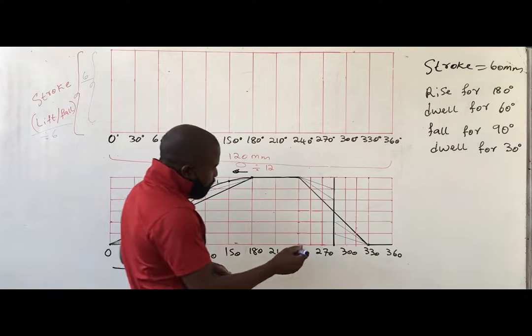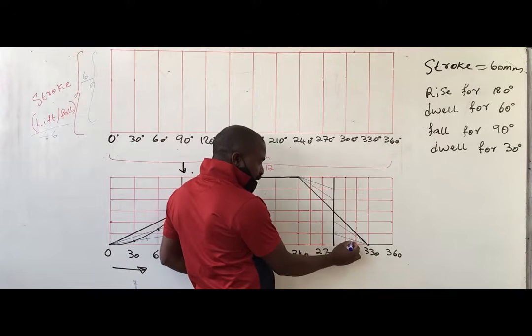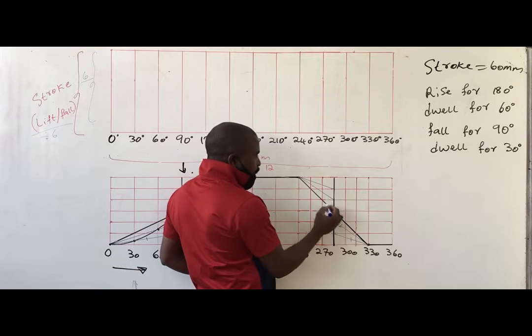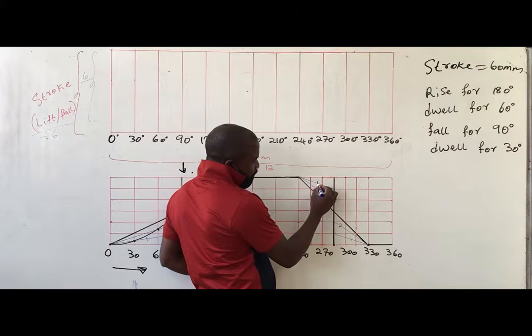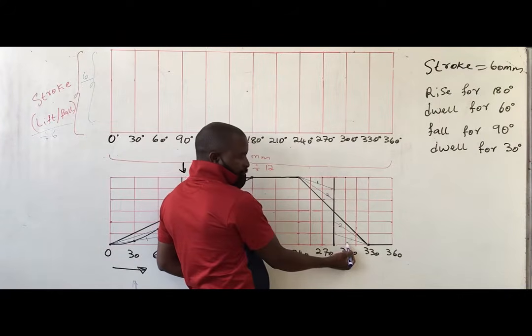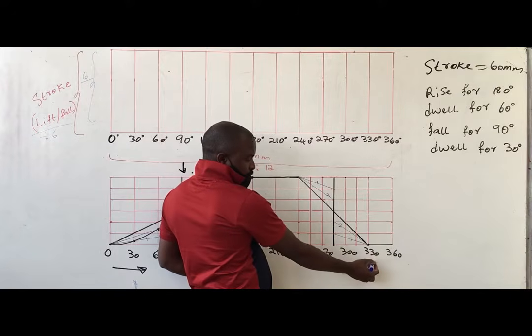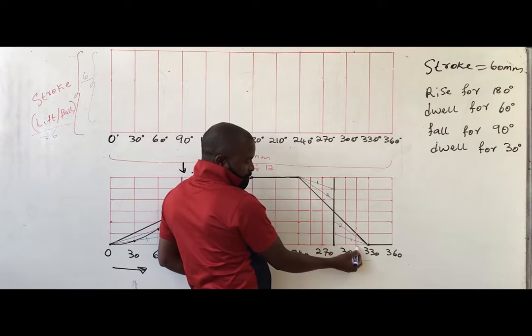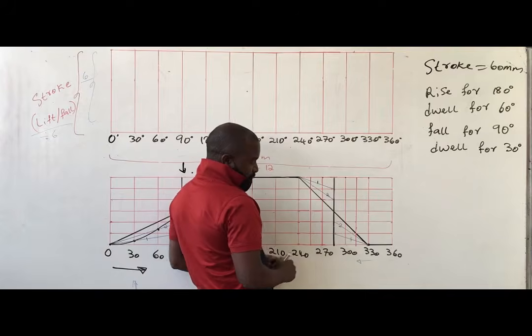When going up, this line is the first one, this one is the second one. When going down, this is the first one, this is the second one. When going this side, this one is the first division, this is the second division.